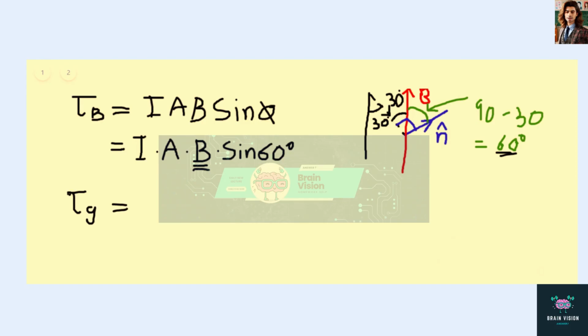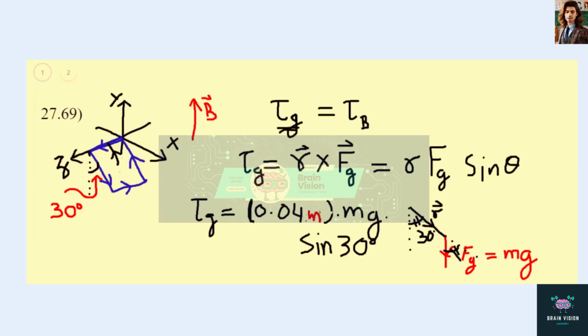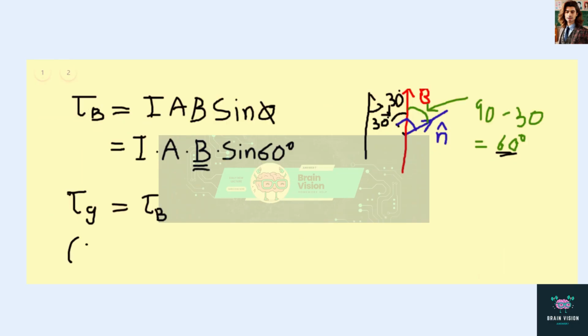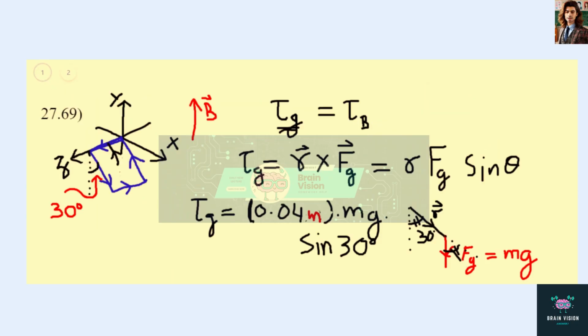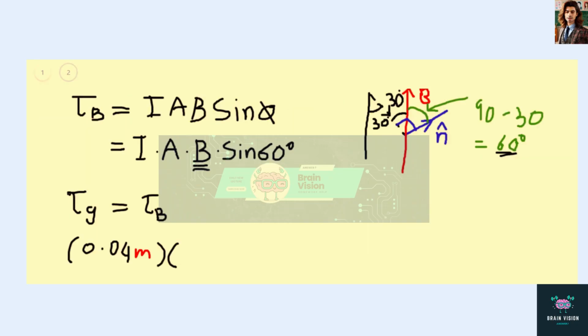The torque due to gravity is what we found earlier: R is 0.04 meters, times g, times M, the mass. There's one more step we need to do, which is to find the mass.